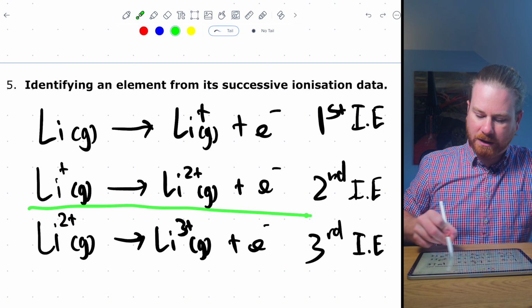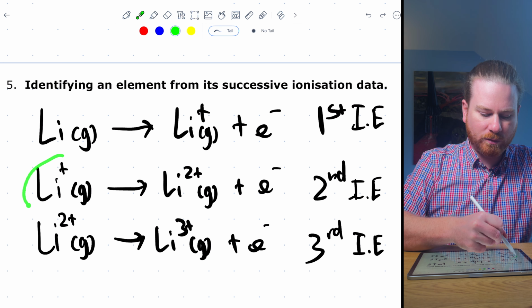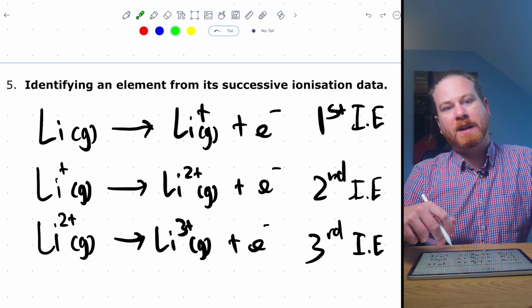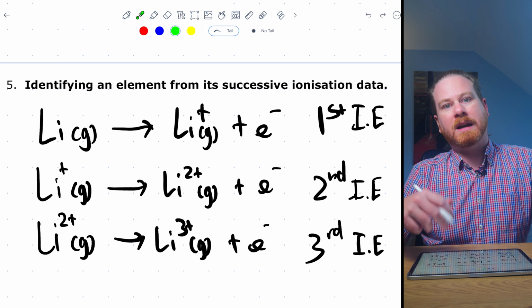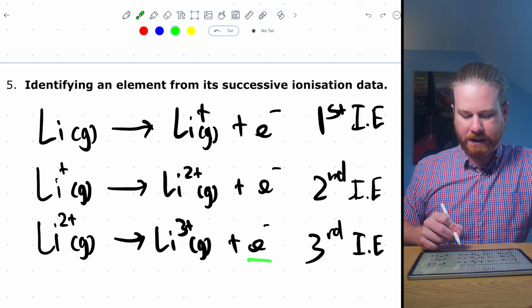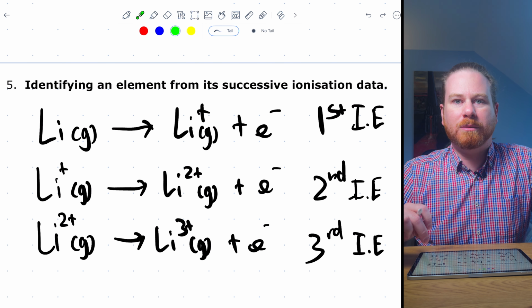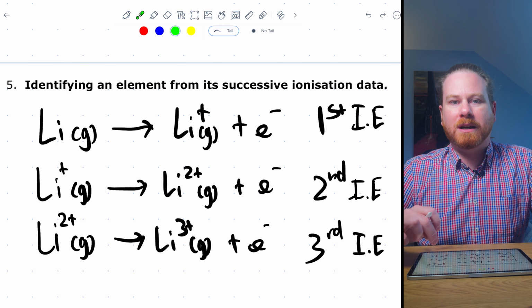Then the second ionization energy, we're already starting off with the ion, and again we're losing 1 electron. And then the third ionization energy is always 2 plus, getting a 3 plus ion, and again we've got the electron. So the key thing is each time you are only ever removing 1 electron.